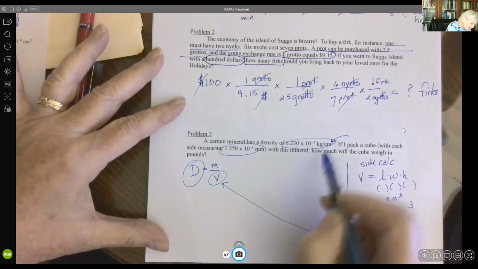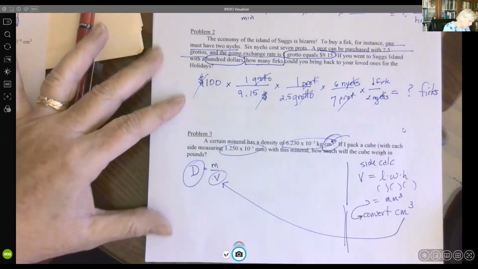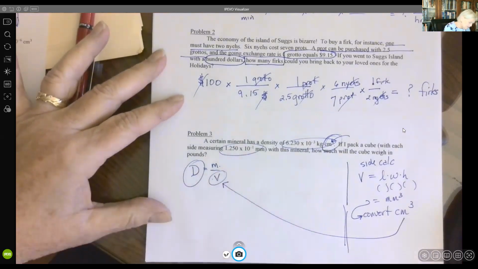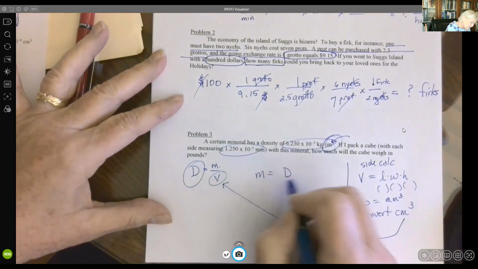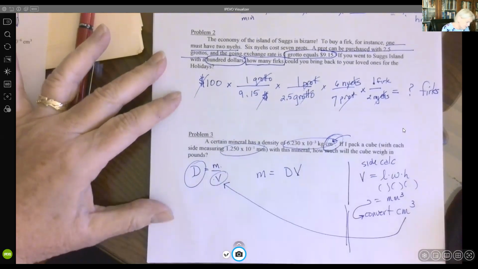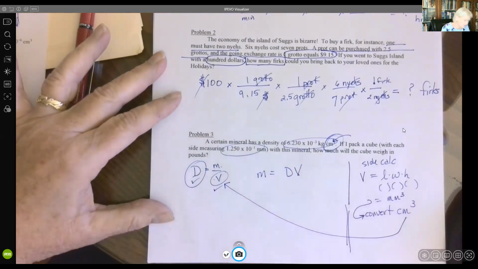Do you see the density is in cubic centimeters? You would have converted your volume into cubic centimeters. Do you see that you can solve for mass? Mass would equal density times volume. You've got the density and you've got the volume in cubic centimeters.